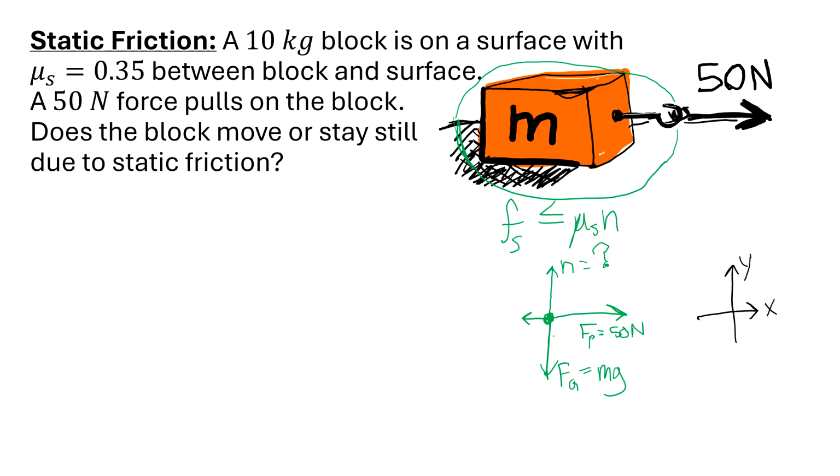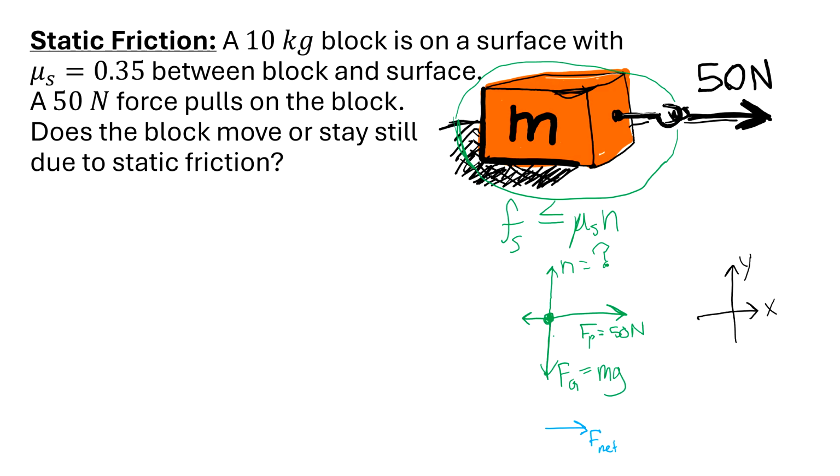One possibility is that we have a short static friction vector like this, and so this is our Fs vector. In this case, you can see that the net force is going to be a little bit to the right. This is F net, the vector sum of all forces. In this case, static friction loses and the pulling force wins, and we have a net rightwards acceleration.